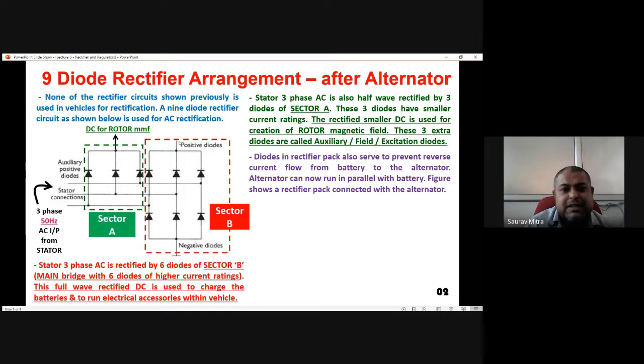A part of the main output is going to the rotor to create the magnetic field. So not necessarily these 3 diodes are connected. A part of this main output, which is going to the battery, is taken to the rotor, and the MMF is created from that DC supply.